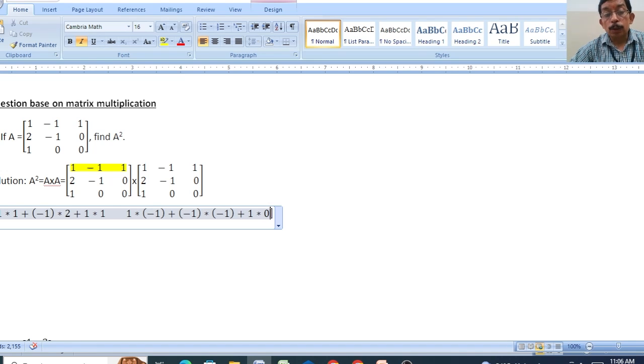Now we come to the third column. The row is first and the column is changed, so we get the first row, third element.